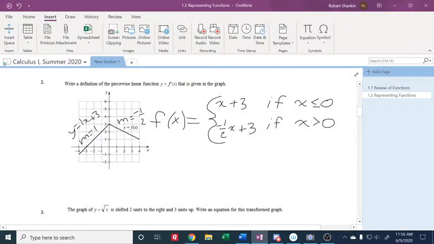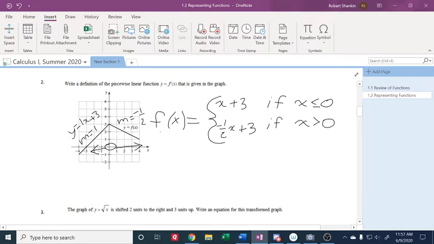We're dividing the x-axis up into everything over on this side, and that's x is less than or equal to 0. And then everything from there to the right, and that's when x is greater than 0.